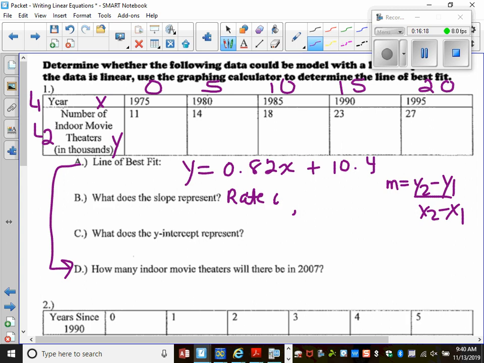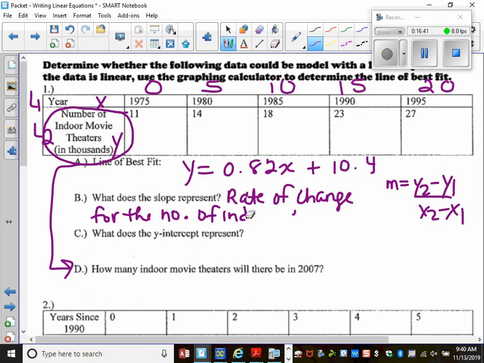Rate of change, okay. So this is the rate of change of what though? Well, what are my y's? So it's the rate of change for the number, and I'm going to abbreviate number with NO with a period, number of indoor movie theaters.